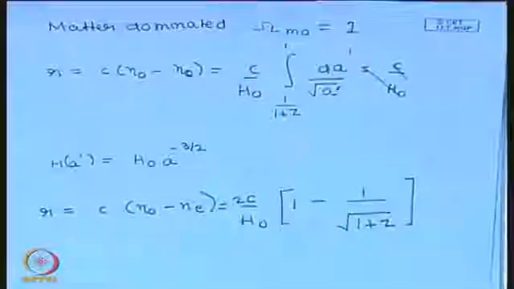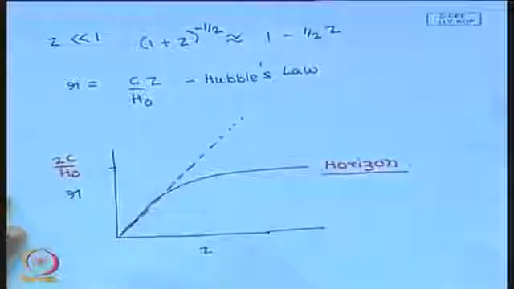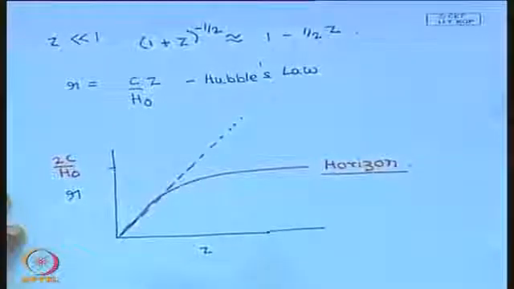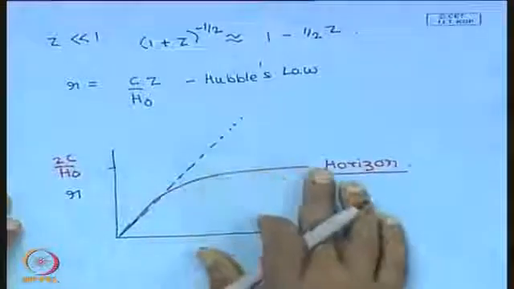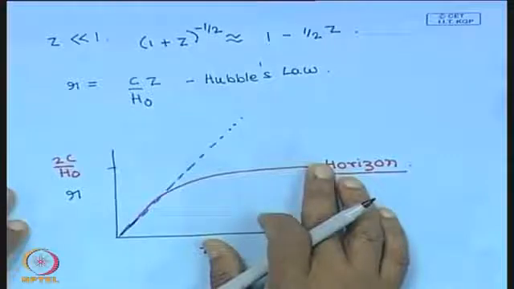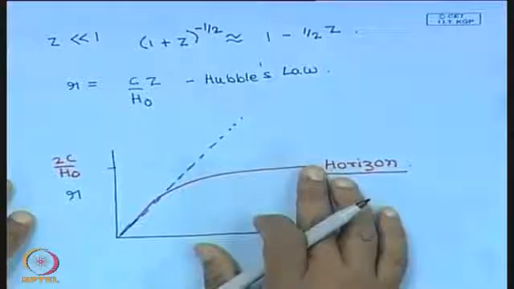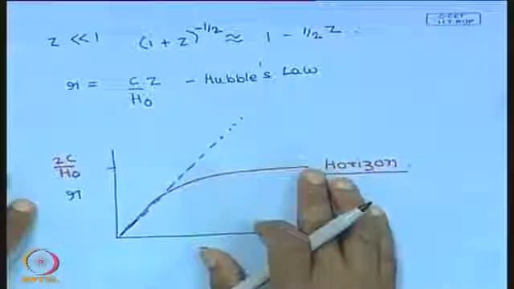In that model, the horizon is at a distance 2c by H naught, that is the furthest distance you can see. So that is the furthest region which can be causally connected to us through cause and effect. Anything beyond that is not causally connected to us in this model.